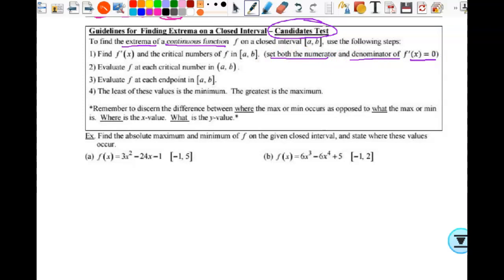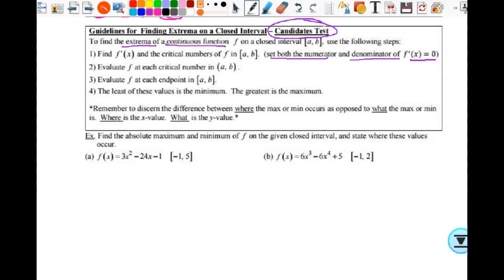When we set the numerator equal to 0, we get every place the derivative is 0, which tells us if we have max and min points. We do the denominator because that gives us where the derivative doesn't exist, the vertical asymptotes.